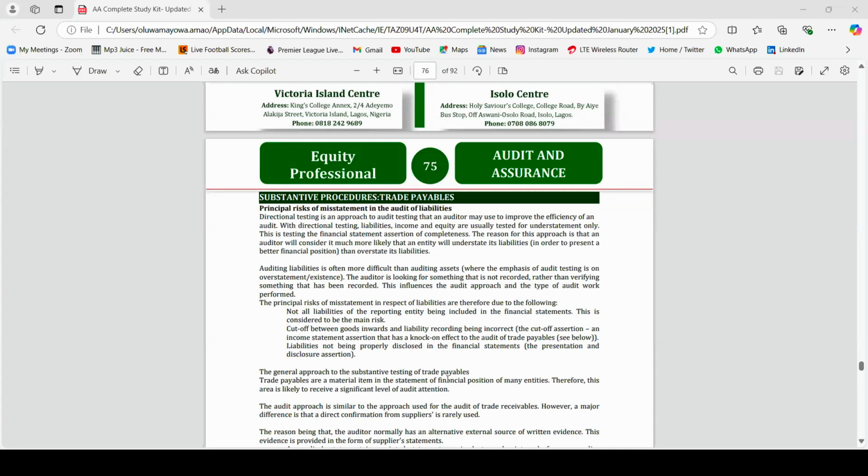So even when they don't have the asset, there is a tendency to say, we have a plant, we have a factory, and we have money that people are owing us. That's why, when auditors are carrying out substantive procedures on assets, the focus is usually on overstatement.